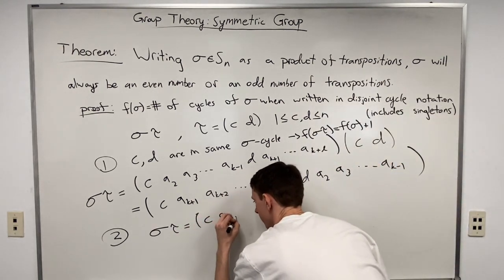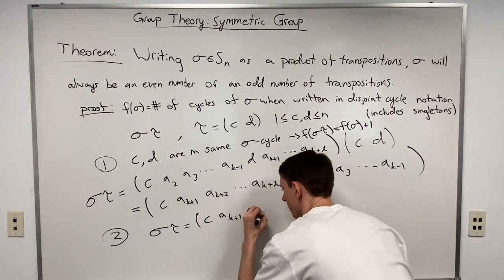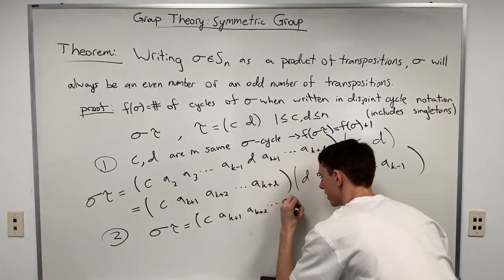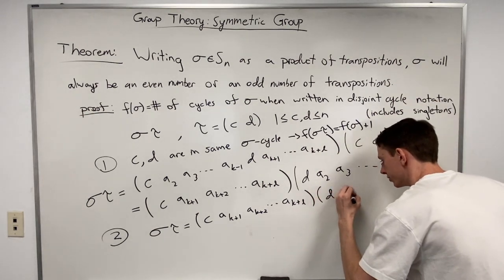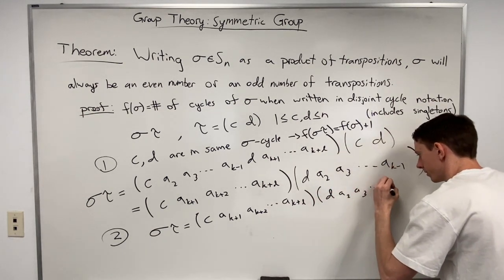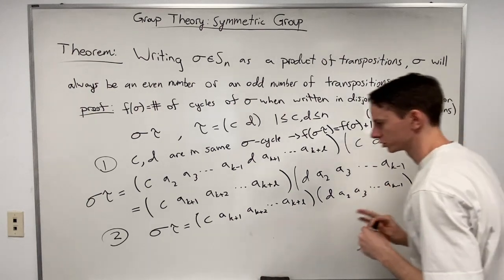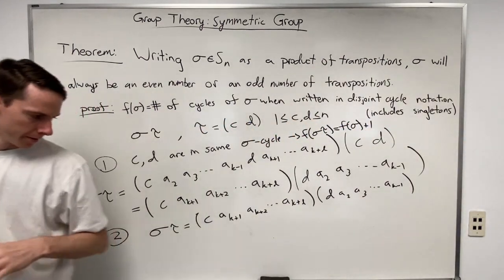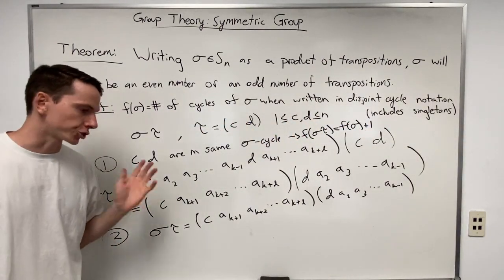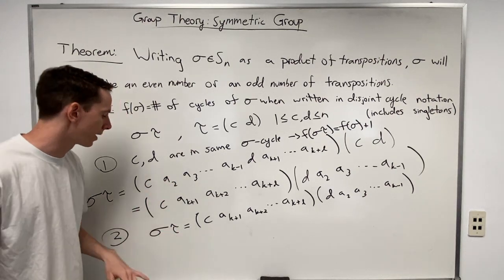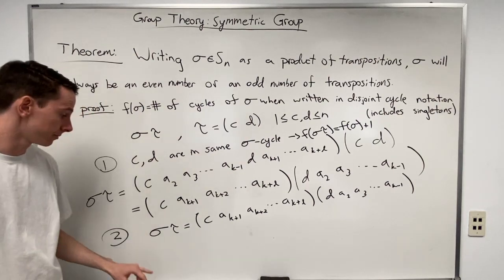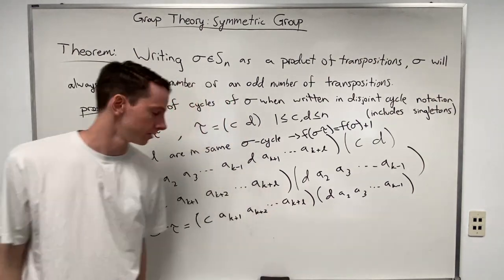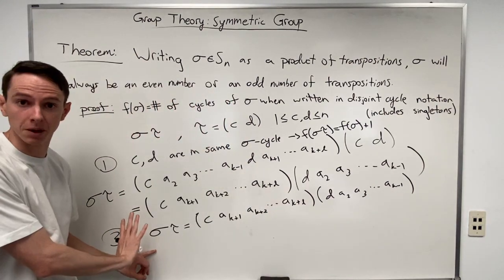We're going to have C, A_{k+1}, A_{k+2}, all the way through A_{k+L}. And then D, A2, A3, A_{k-1}. I want to make sure that this makes sense and that we can do this. If C and D are in different cycles, this is a general way of writing that just for sigma by itself.